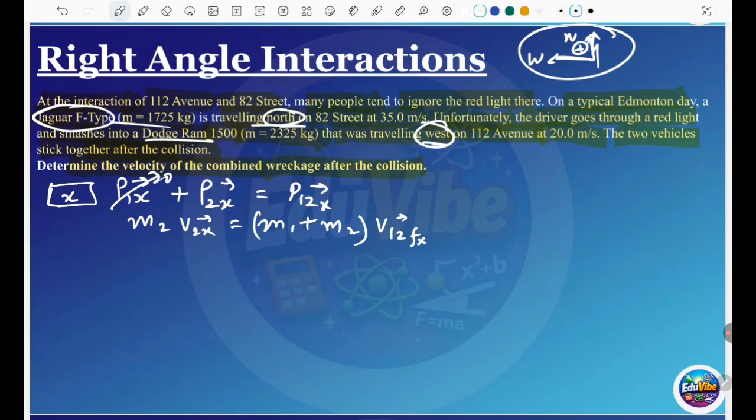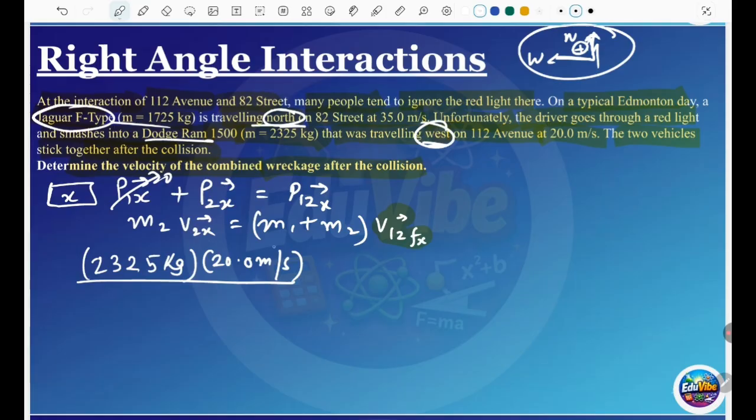So what do we have to find? We have to find the combined velocity, from which we can calculate the velocity of the combined vehicles. So m2 is 2325 kg, our v2x is 20.0 meters per second. We take west as positive, so it is positive.